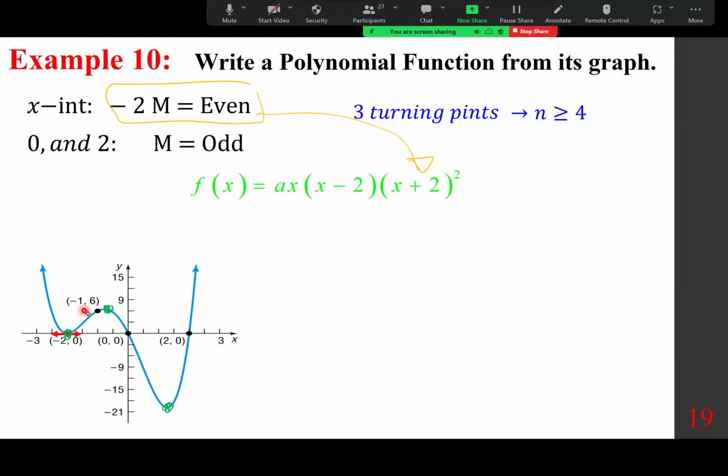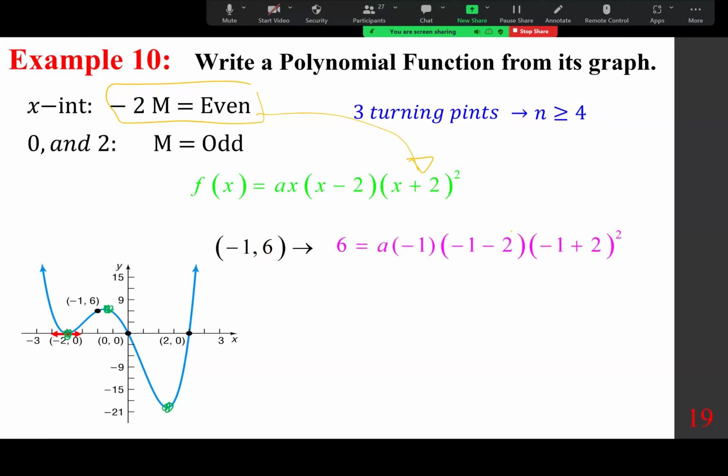Obviously, -1 comma 6 is given. So what do you do? You replace the x with -1, f of x, which is y, with 6 to find a. So we are going to say -1, and then -1 minus 2, and then -1 plus 2, and see what happens.